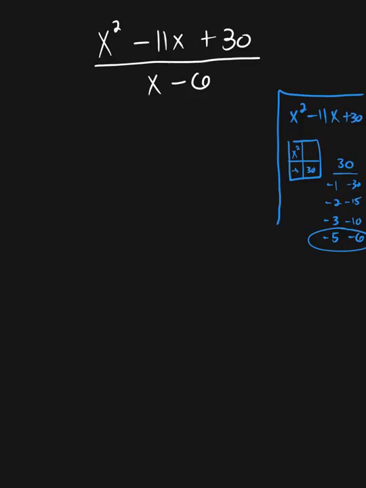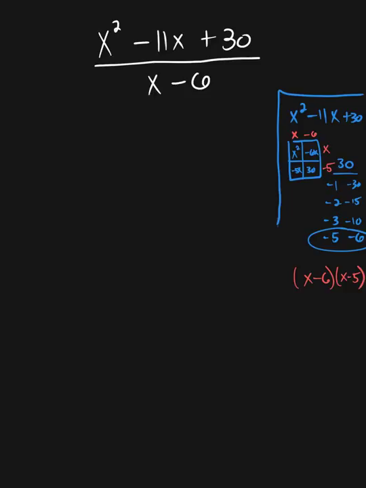So I've got my negative 5x. I've got my negative 6x. So I'm going to factor this thing. I've got an x and a negative 6. That's going to be an x, and then a negative 5. And so this in factored form is going to be x minus 6 times x minus 5.